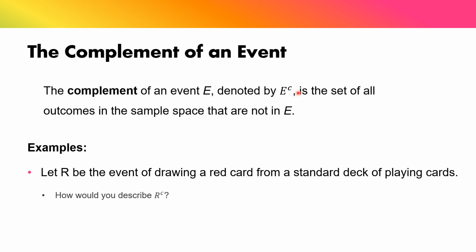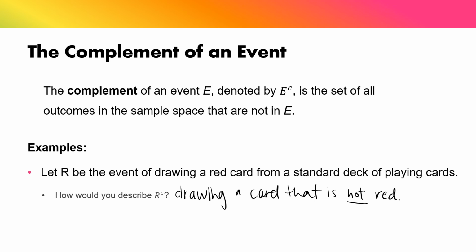If you're looking at a deck of cards, let's say R is the event of drawing a red card from a standard deck of playing cards. How would we describe our complement? That would be drawing a card that is not red.